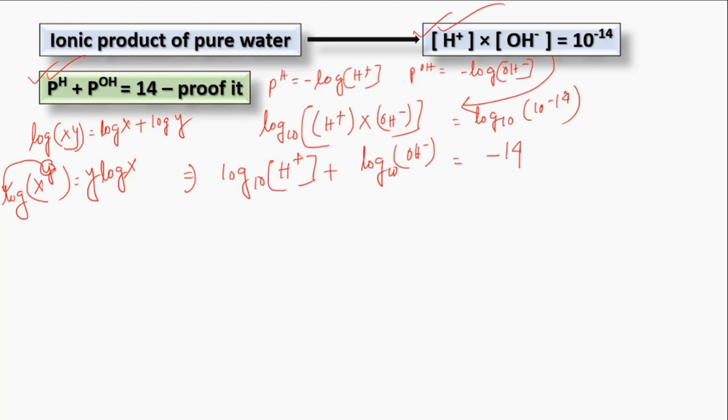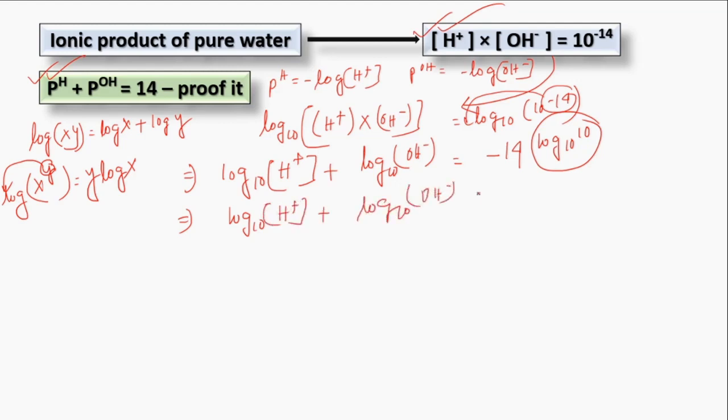So the power minus 14 will come in front of the log, and log 10 base 10 will give 1. So on the next step, we can write that log H plus plus log OH minus equals minus 14, because this value is 1. On the next step, we multiply by minus on both sides.